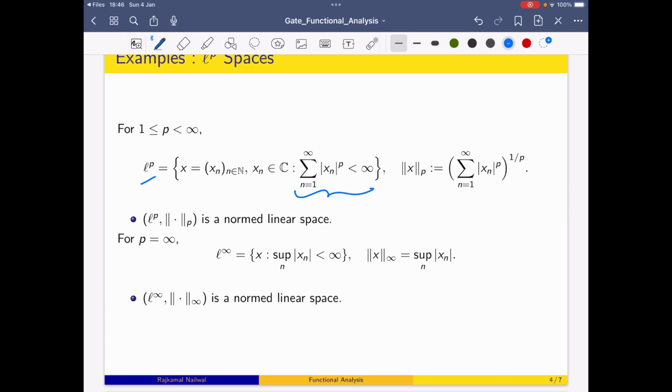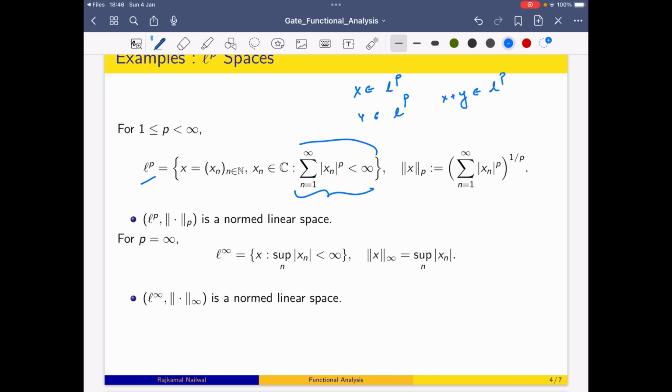If you check, this LP is actually a vector space. That means if x and y are sequences which satisfy this condition, then x plus y also satisfies this condition. That is, if x is in LP and y is in LP, then x plus y is also in LP.